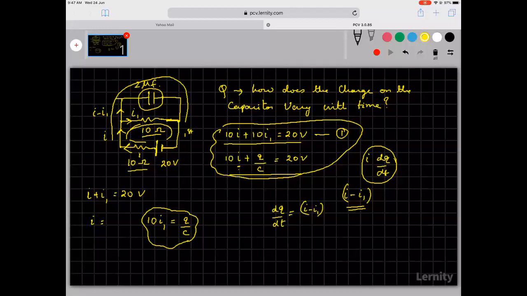I can say that I1 is equal to Q by 10C, but I1 is still not equal to dQ by dt. dQ by dt is I minus I1. Okay, it's a little tricky one. Let us see what we can do. If anybody has any suggestions or ideas, you can tell me, so that way we'll be a little faster and easier and better.